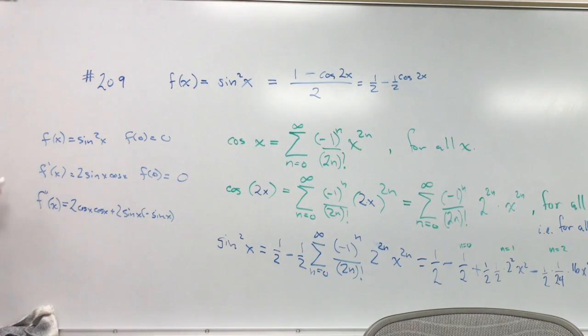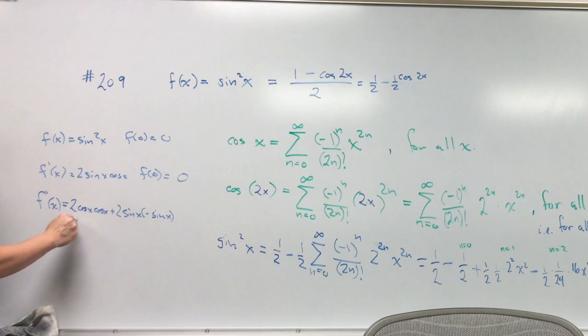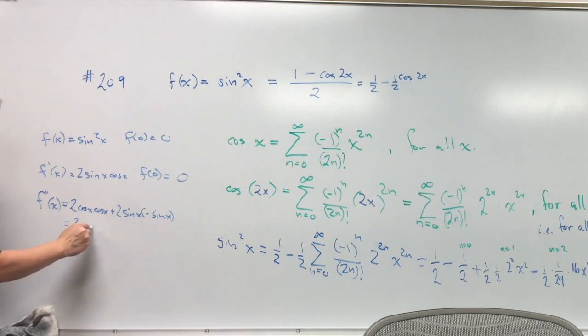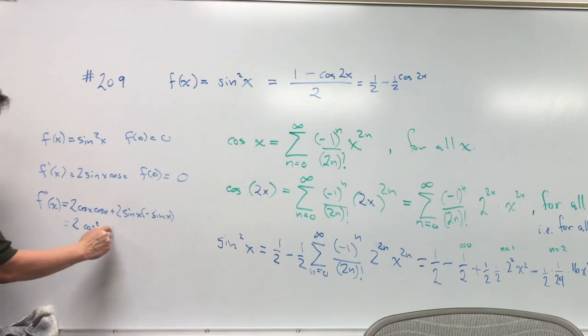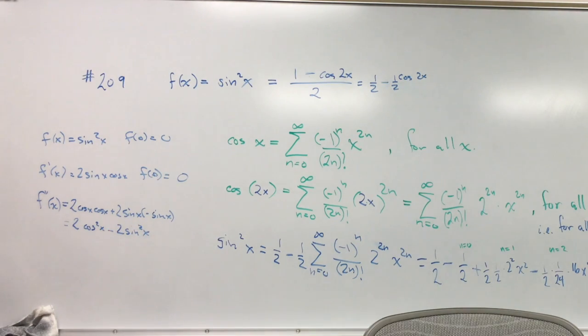You know, I just wanted to get this far at least in the derivatives to see that to use our formula, it starts getting pretty complicated pretty quickly. Notice I had to use the chain rule to come up with this. I have to use the product rule to come up with this. And actually it's not that bad, because that's 2 times cosine squared x minus 2 sine squared x. To continue on, I'd be using the chain rule twice, and it's going to continue on from there.